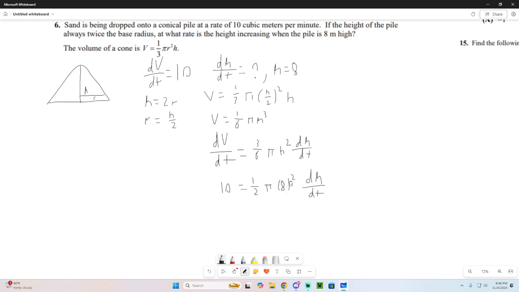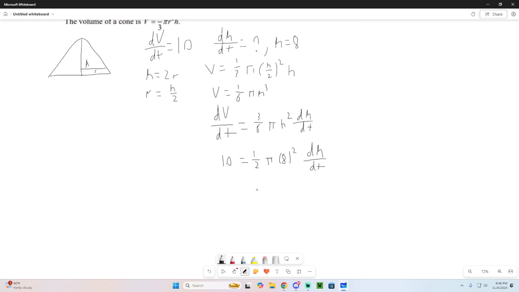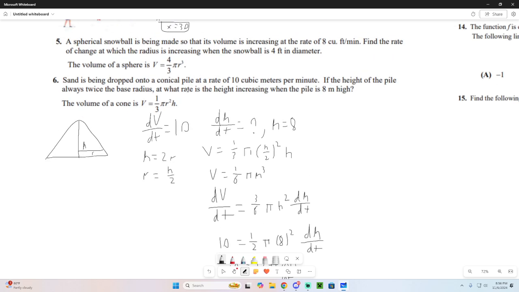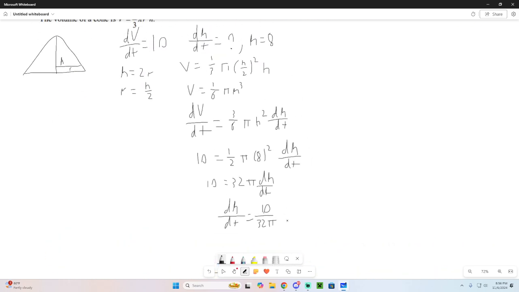And then h squared is 64. 64 over 2 is 32, so 10 equals 32 pi dh/dt. And then divide both sides by 32 pi: dh/dt equals 10 over 32 pi. And that's our answer. If we want the units, we have meters per minute. So dh/dt, meters per minute. And that's our answer.